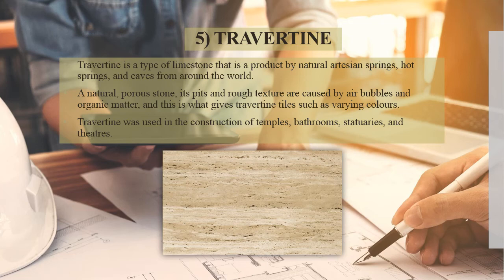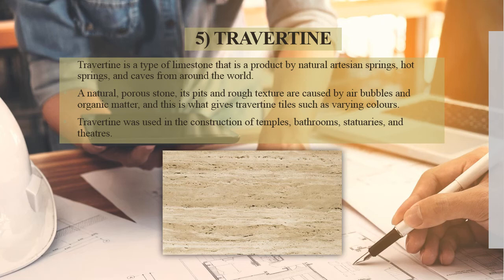And lastly is travertine. Travertine is a type of limestone that is produced by natural artesian springs, hot springs, and caves from around the world.